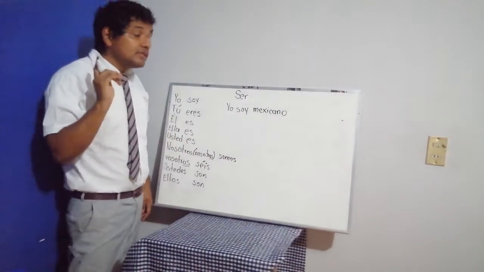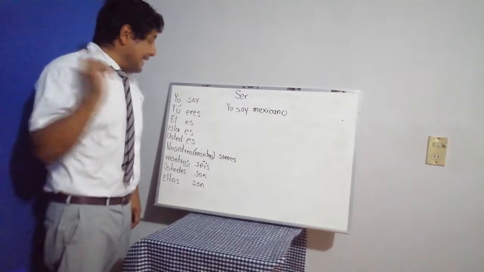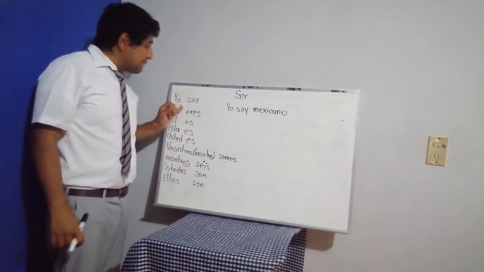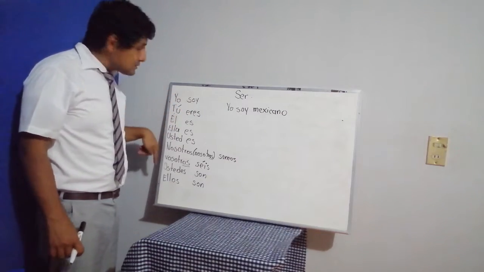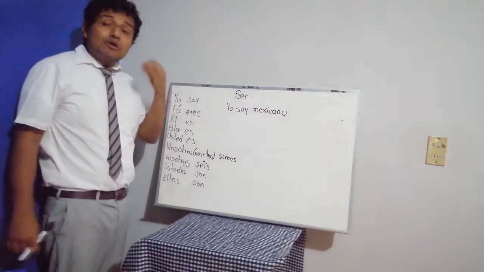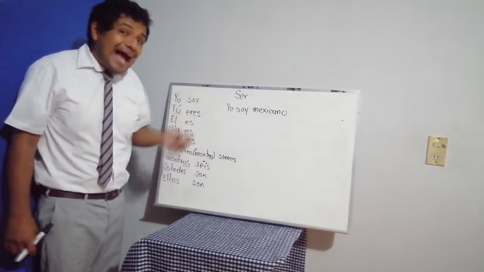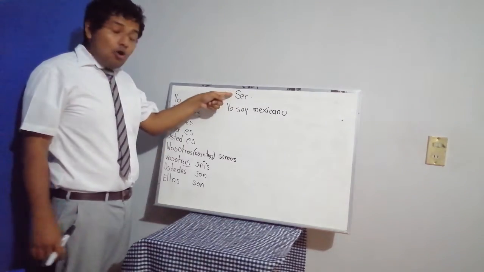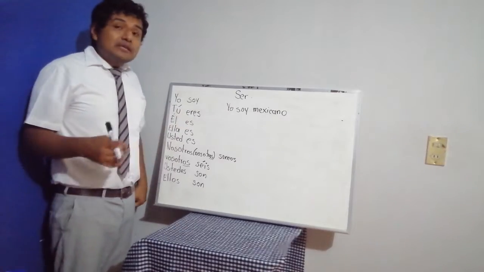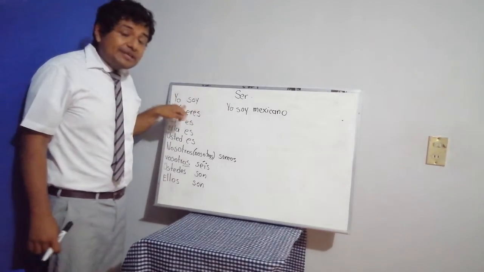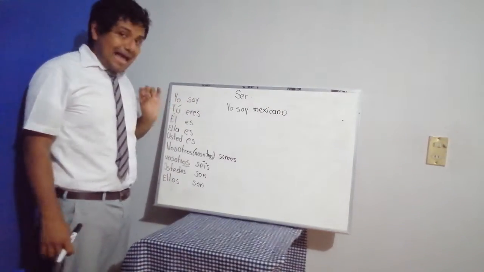Something that I forgot to tell you from the beginning is that in Spanish you can omit the subject pronouns and it's understandable who is making the action. And this is not only for the verb ser or estar, it's with whatever verb. The conjugation is going to tell us who is doing the action.